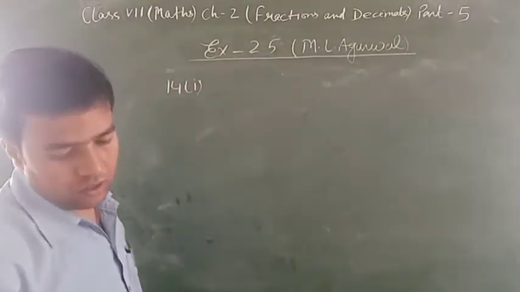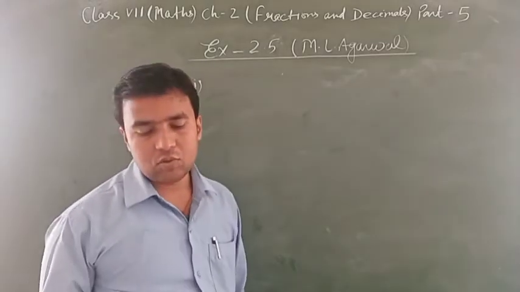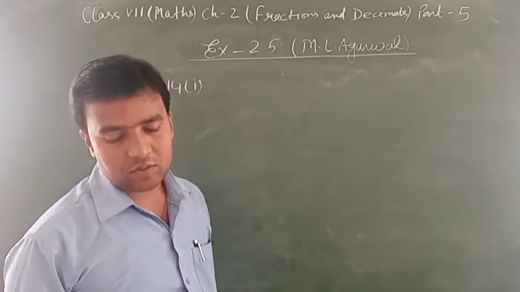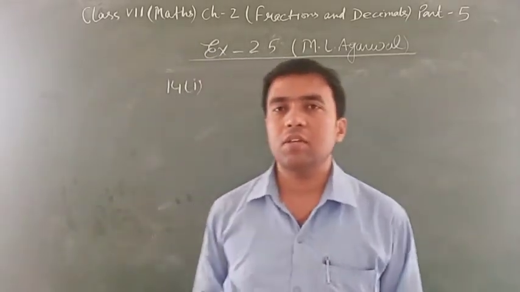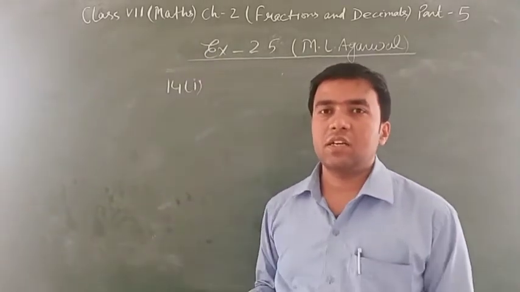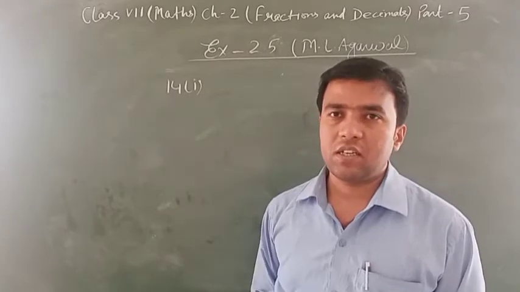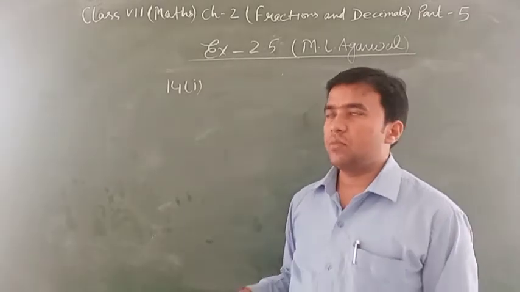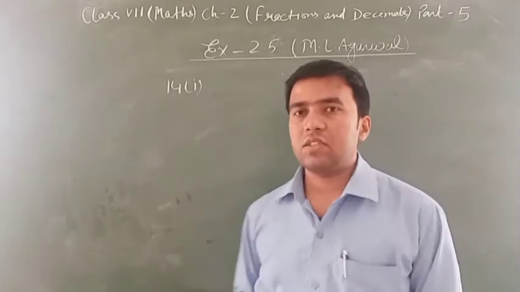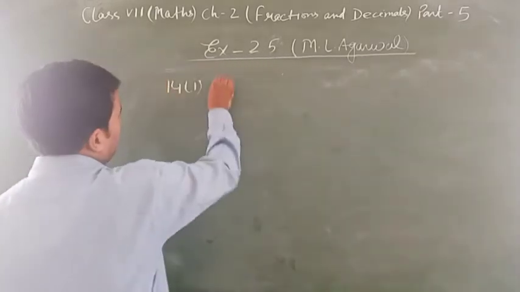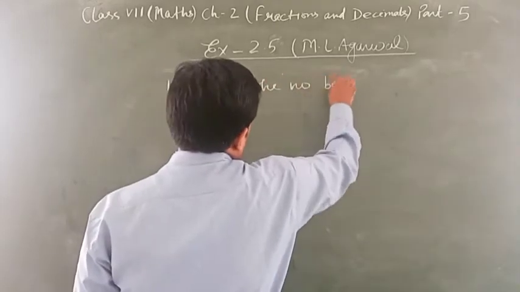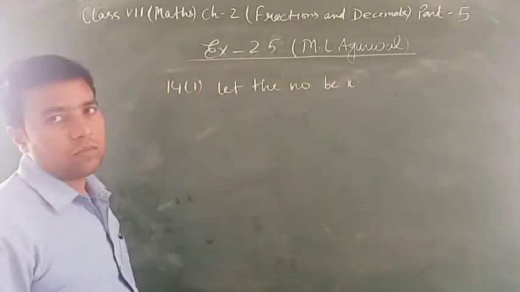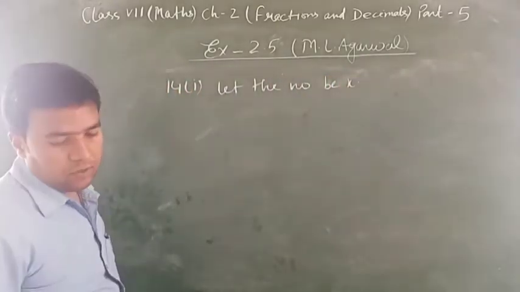First question. What number added to 3.56 gives 13.016? Clear? If this type of question is given, what number should be added or what number should be subtracted, you will first of all rewrite: let the number be x.